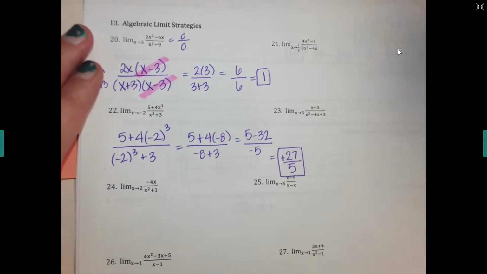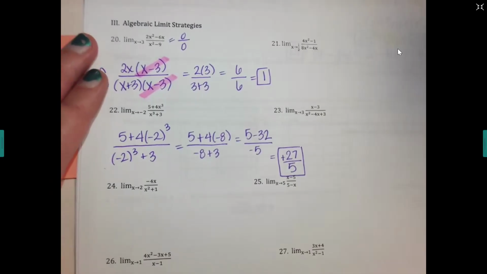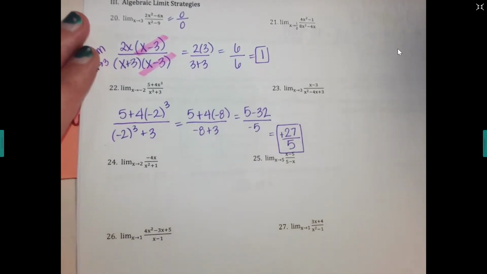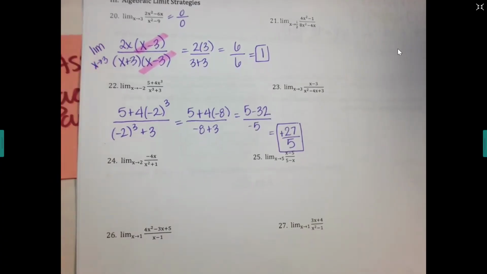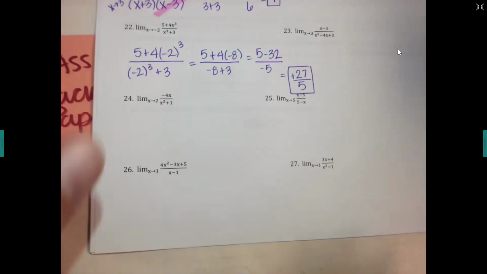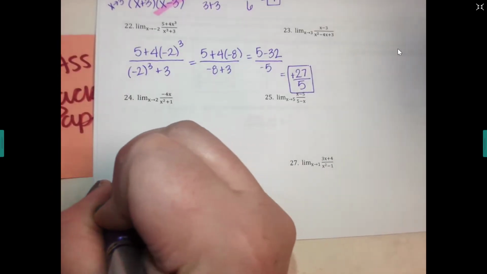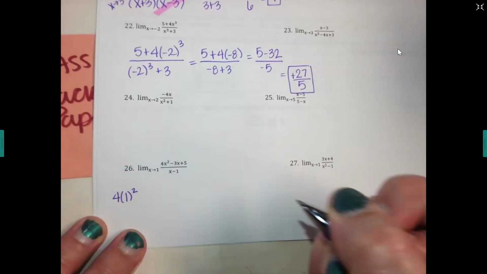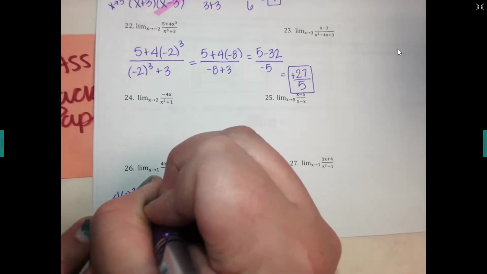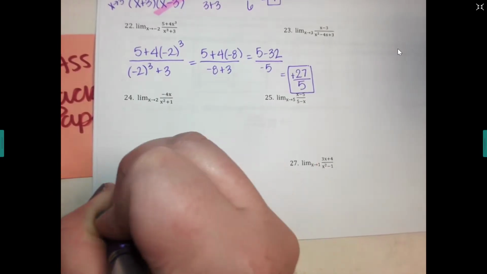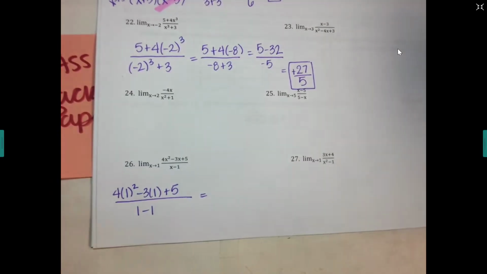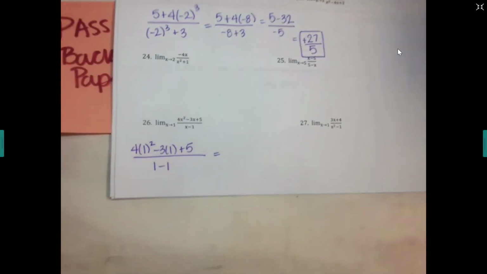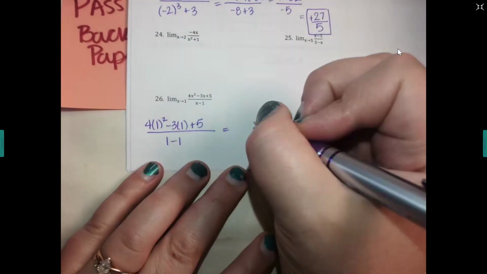Let's skip down to 26. Will you plug in a 1 to that? So on top, I'd have 4 times 1 squared minus 3 times 1 plus 5 over 1 minus 1. 1 squared is 1 times 4 is 4.